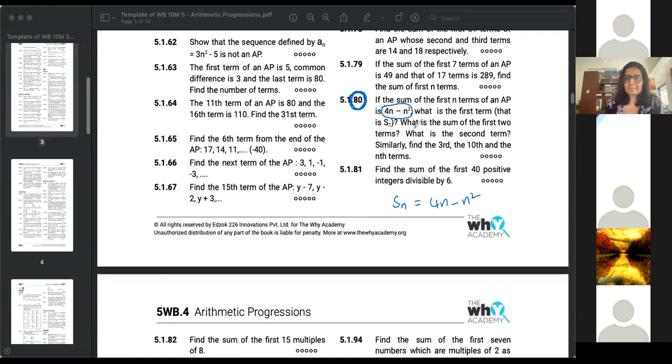So answer the question one by one, okay? First tell me what is A. After that, tell me what is S2. And then tell me what is the second term, A2. So give me the answer in this particular order.